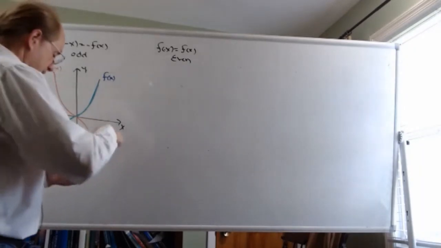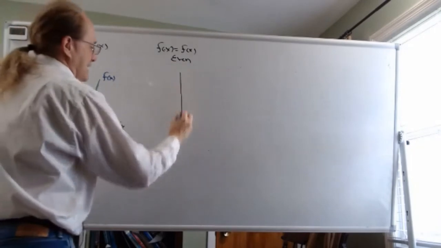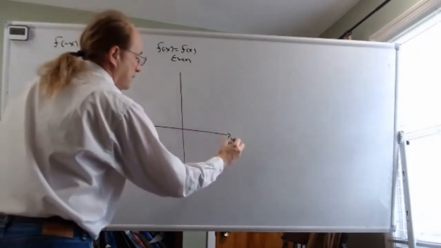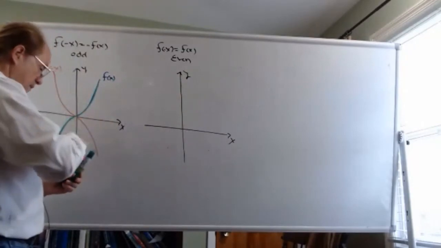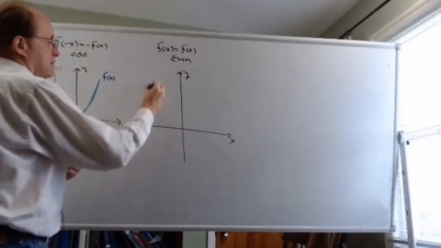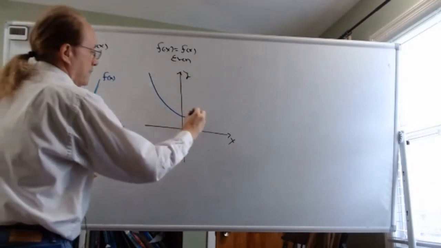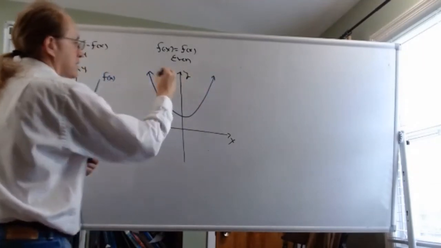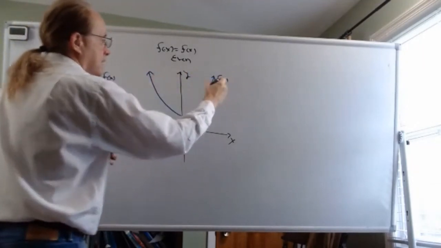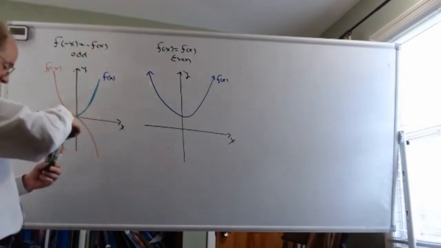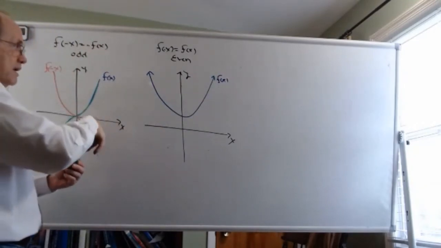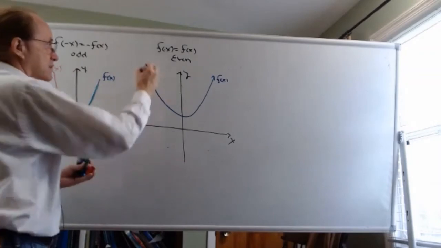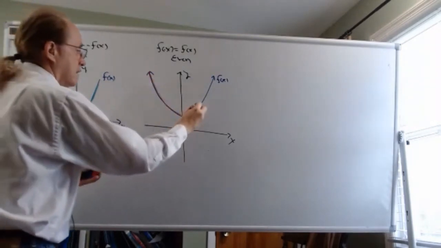Now, if I do the even, that's a little easier to deal with. So here is my even function. Here's my f of x. And then if I replace x with negative x, the only thing that happens here is that it just flips it around this way again.